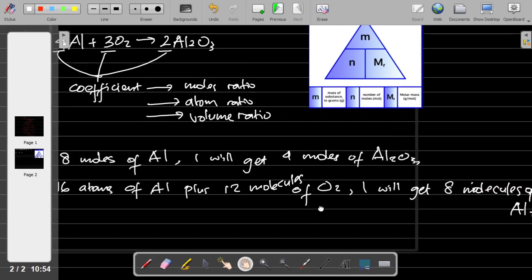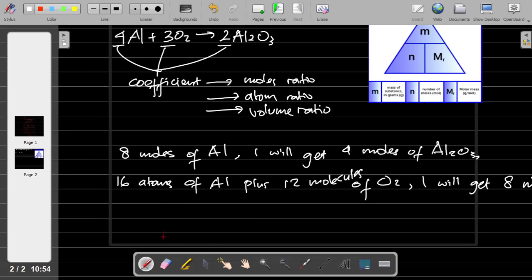But when I have, let's say, grams, let's say I have 4 grams, grams is a unit for quantities.